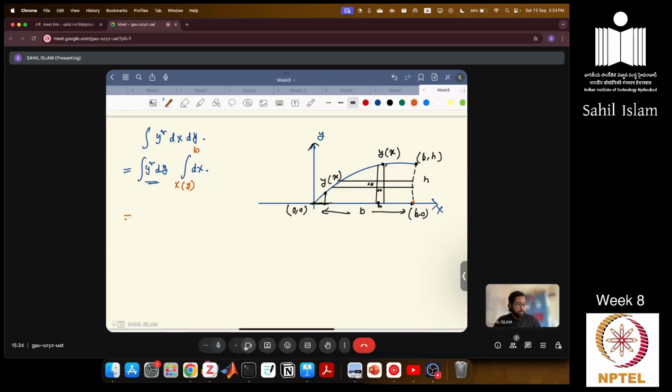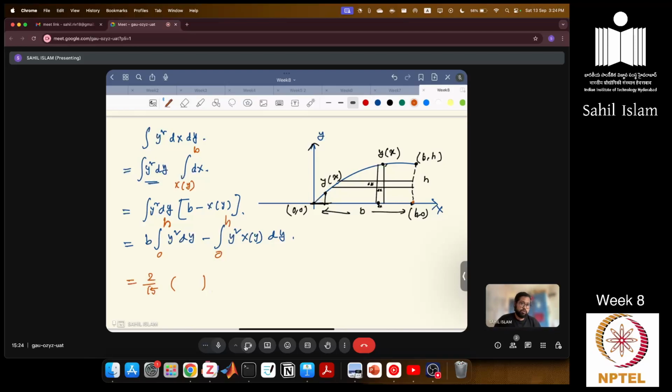So what you will get is the integral of y square dy, and b minus x as a function of y. So you will get y square times b dy minus y square times x as a function of y dy. Here you can put this limit from 0 to h. Then you will get this 2 by 15 and the rest of the part. Otherwise you will get 1 by 5 or something.